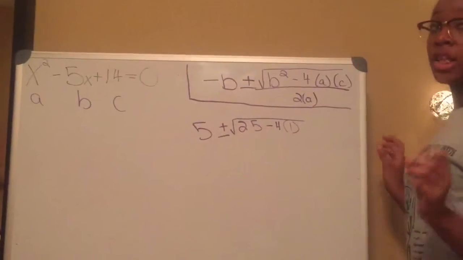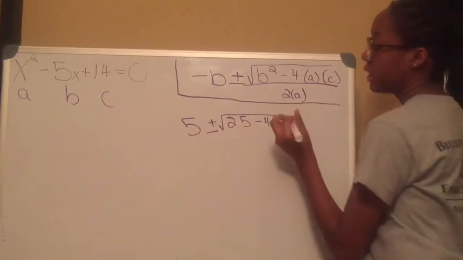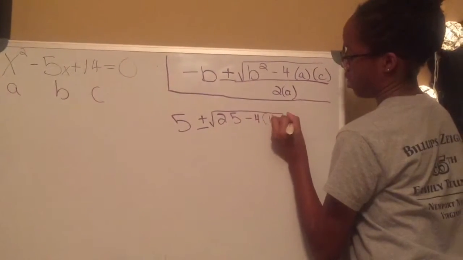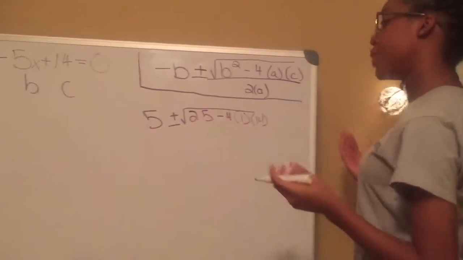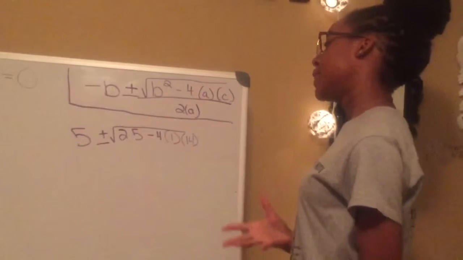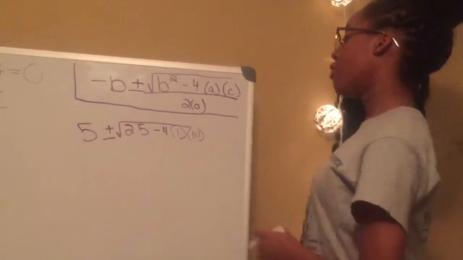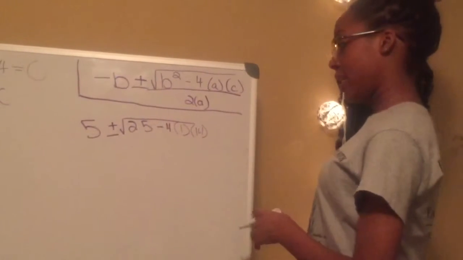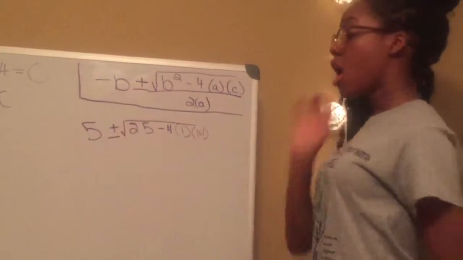And last but not least, our C, which is 14. It's up to you which way you want to multiply it. You could do the negative 4 times 1, the 1 times the 14, the 14 times the negative 4.